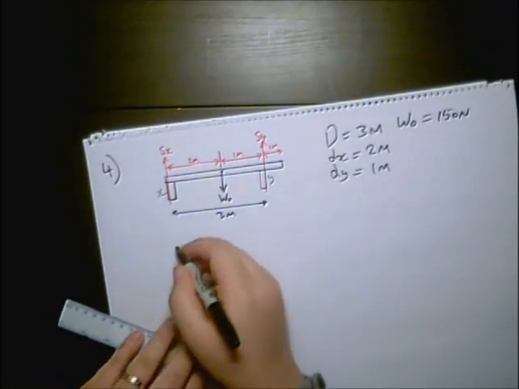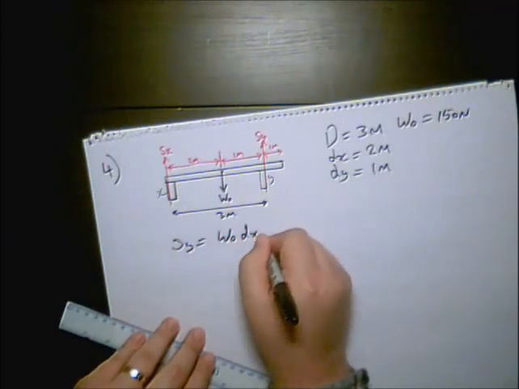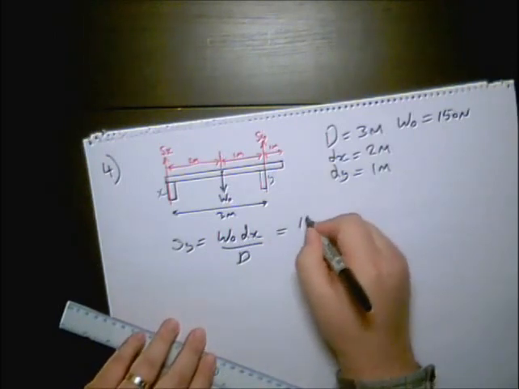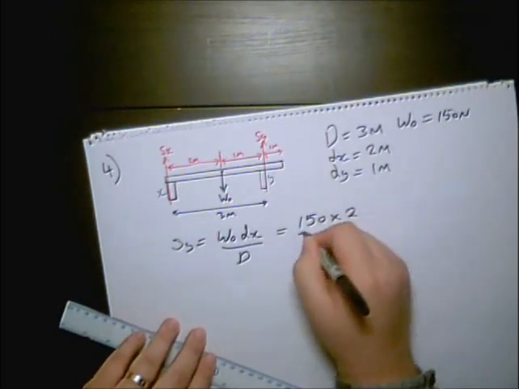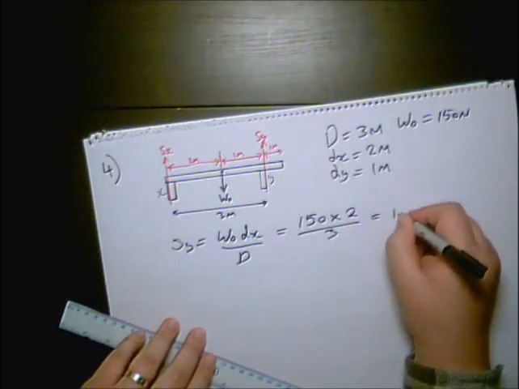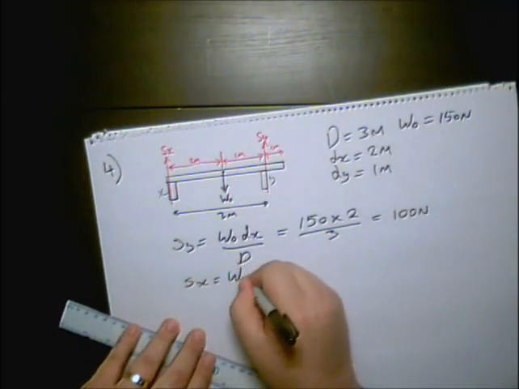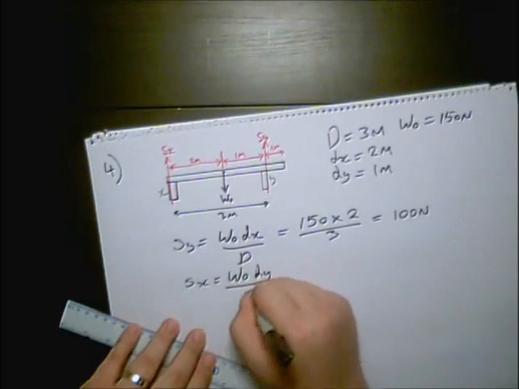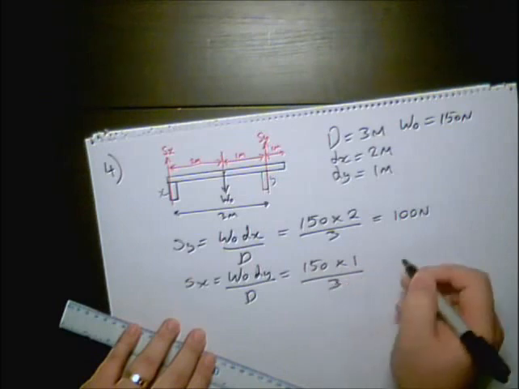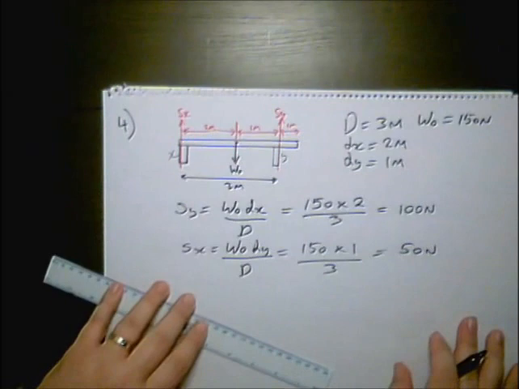Now we do our maths. Sy is equal to W0 dx over d, so 150 times 2 over 3, which is equal to 100 newtons. And then Sx is our weight times our dy value over d, which is 150 times 1 over 3, which is 50 newtons. Simple maths, simple numbers there.